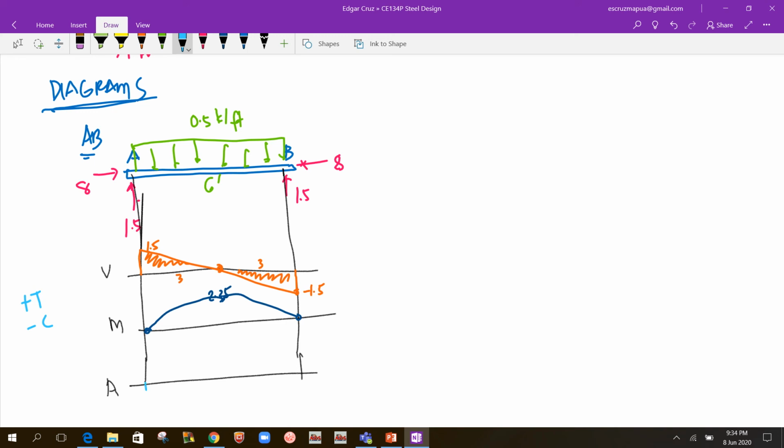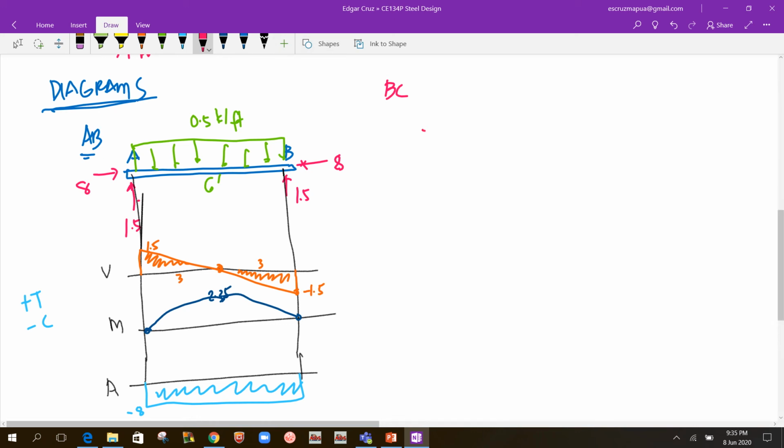We go down to negative 8, and the axial force is constant all throughout the member. So it's a constant compression of negative 8. This is the axial diagram, and that is for member AB. Next, how about member BC?